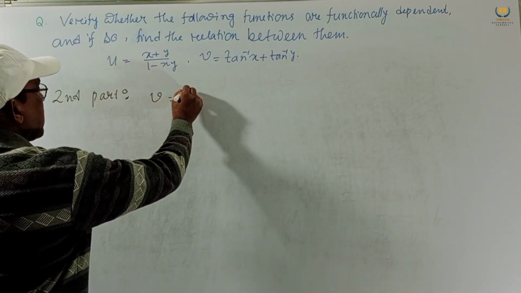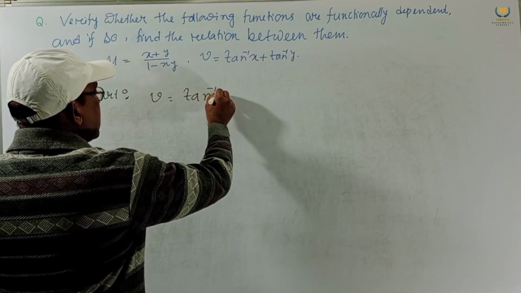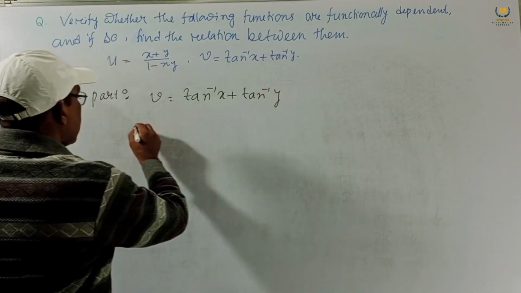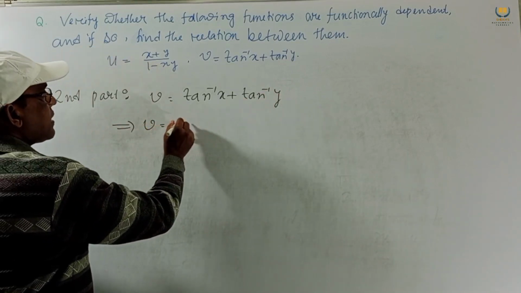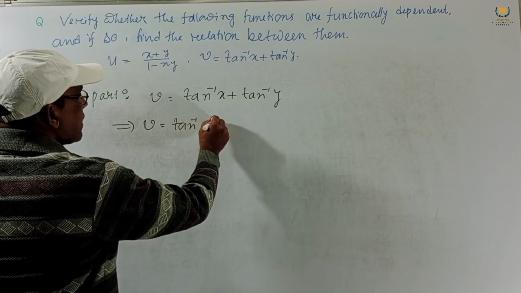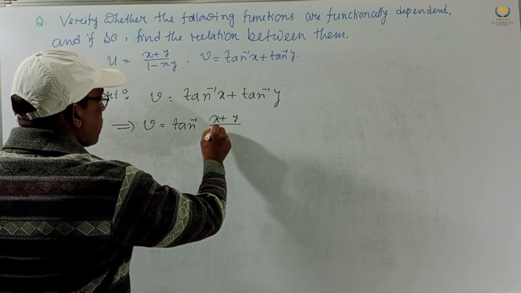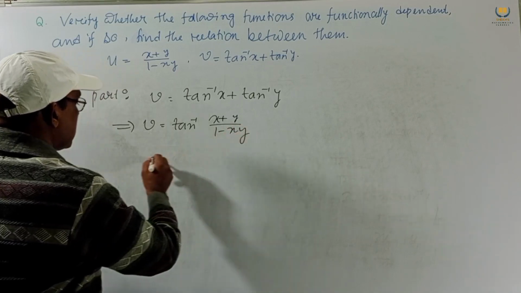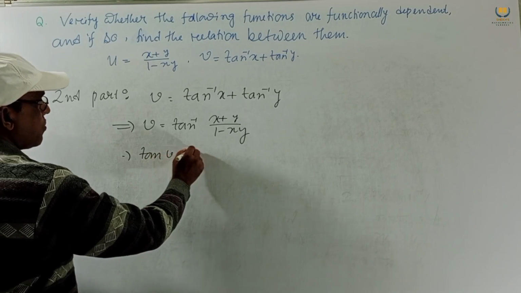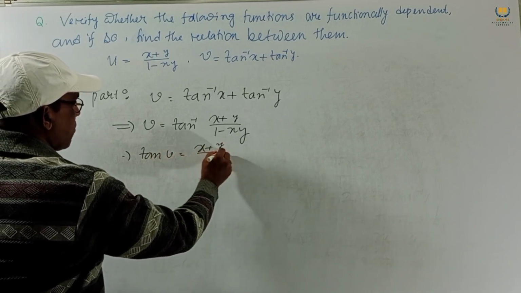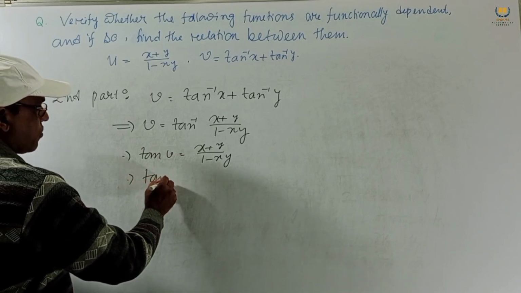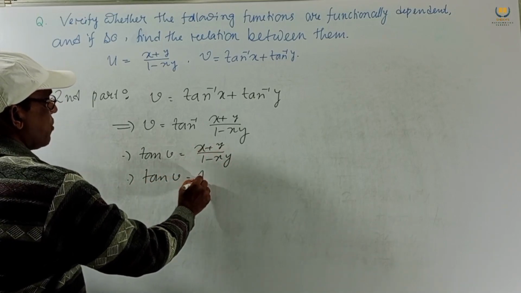v equal to given tan inverse x plus tan inverse y. This implies tan inverse x plus tan inverse y, we know the direct formula, tan inverse of x plus y by 1 minus xy. And so tan v equal to x plus y by 1 minus xy, and this is our u.